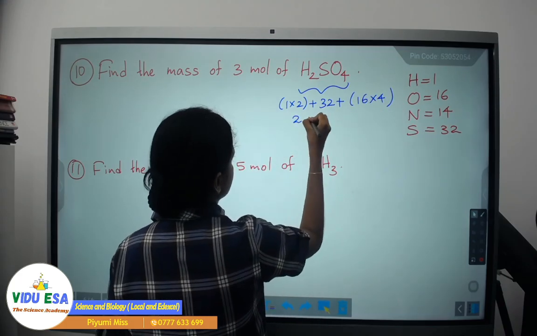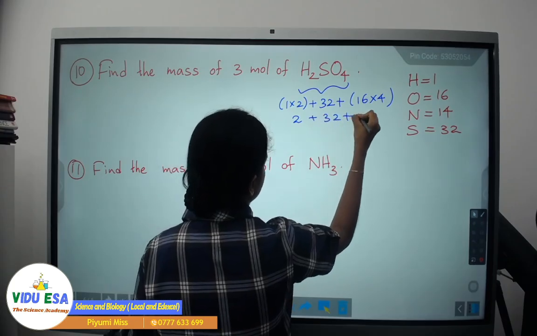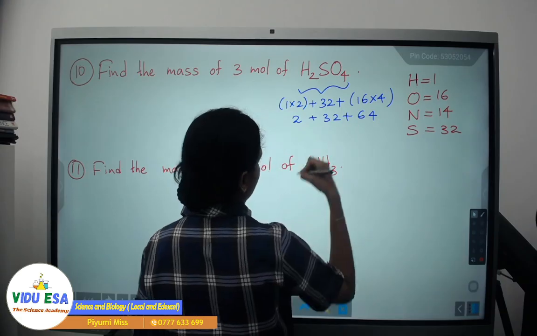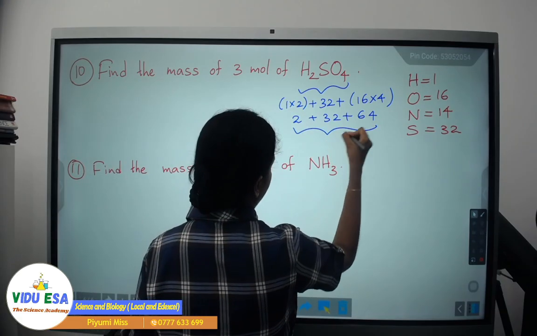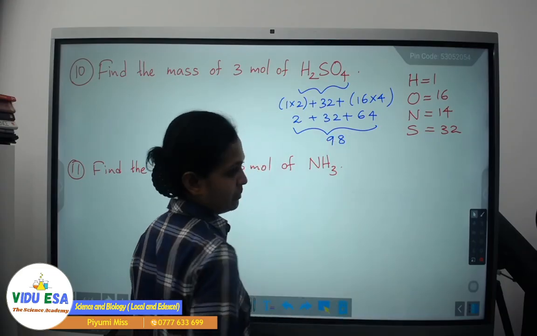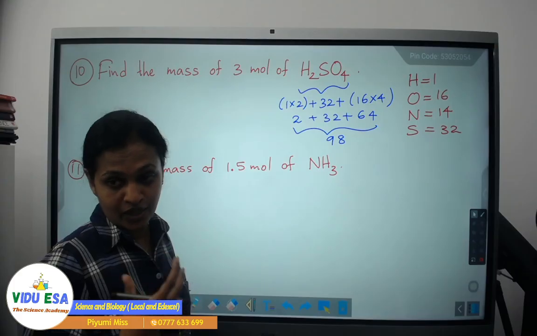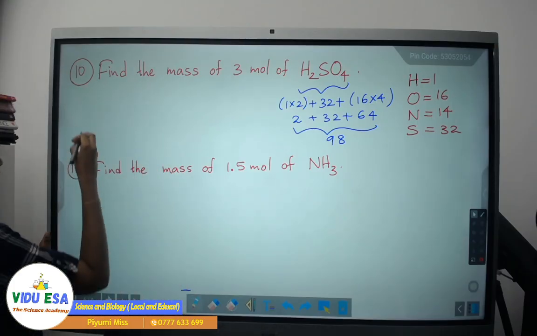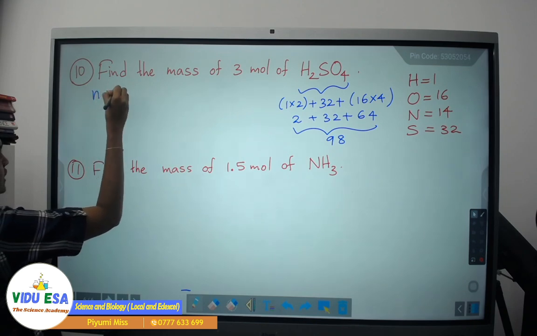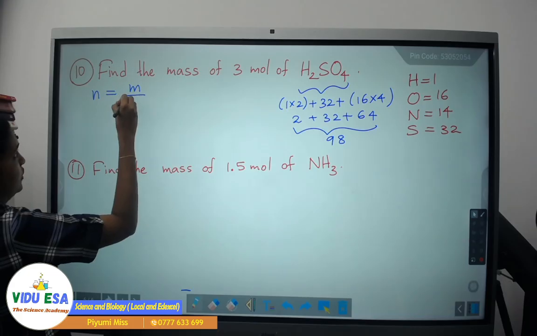So, 2 plus 32 plus 64. 64 plus 32 is 96, plus 2, that is 98. Relative molecular mass of sulfuric acid is 98.